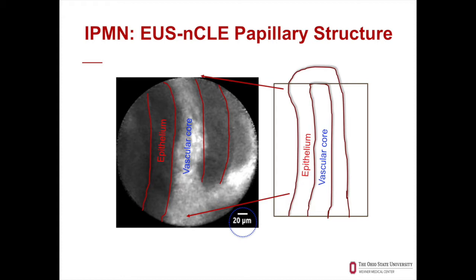A typical papillary structure as shown in this picture shows an inner vascular core which is bright because of intravenous fluorescein, which we administer to the patient before endomicroscopy. The inner vascular core, otherwise the lamina propria, is surrounded by an outer epithelium which is dark in color. The darkness is mainly because of the nuclei, since they appear dark during endomicroscopy.